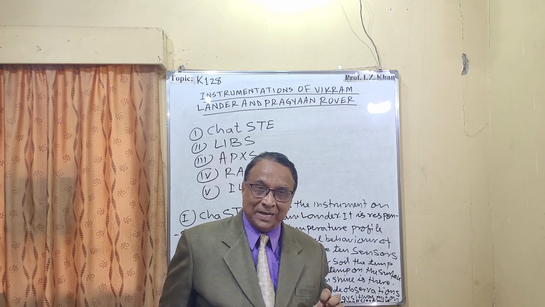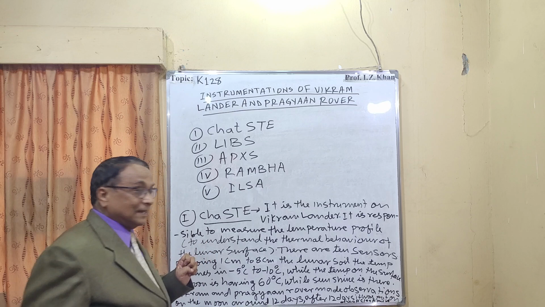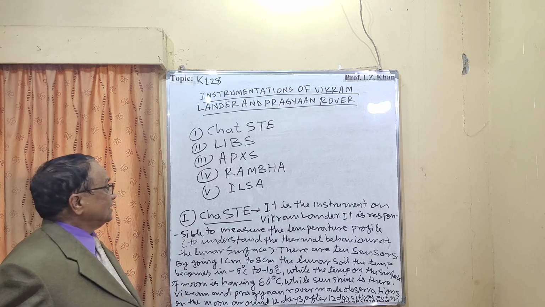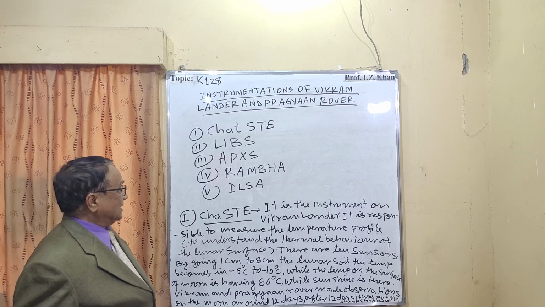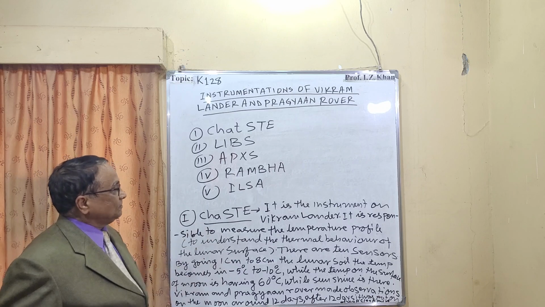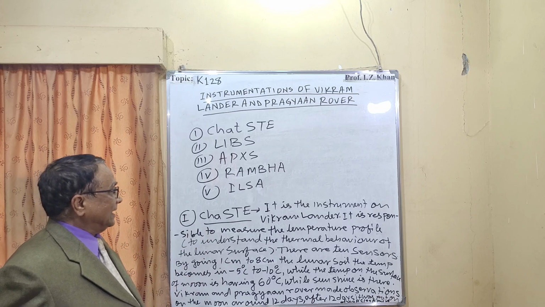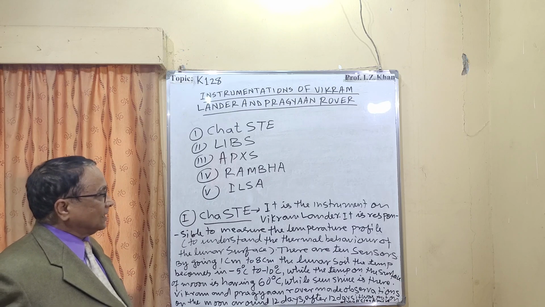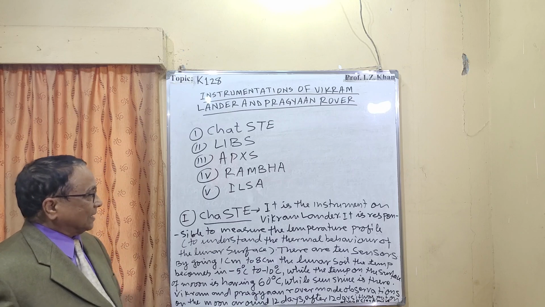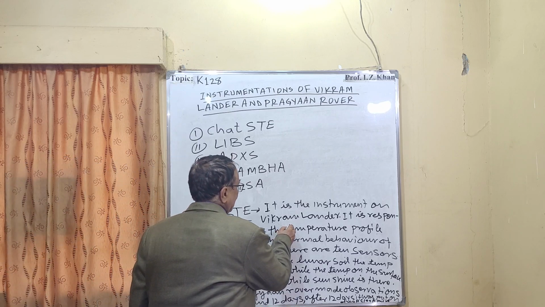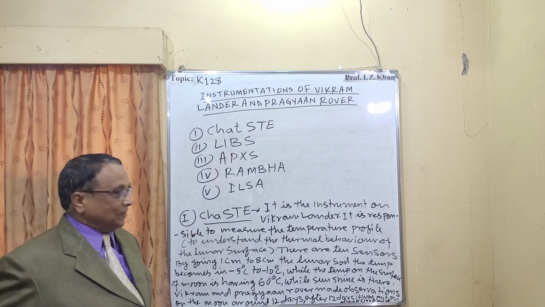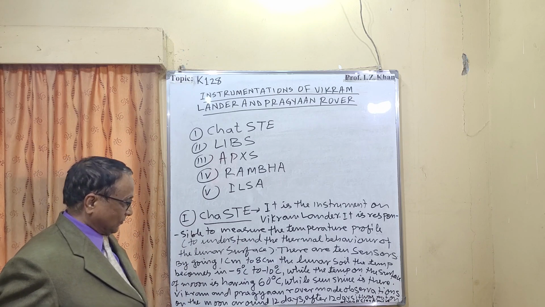And that was measured by the instrument whose name is ChaSTE, Chandrayaan's Surface Thermophysical Experiment. It is the instrument on the Vikram lander, and it is responsible for measuring the temperature profile to understand the thermal behavior of the lunar surface.